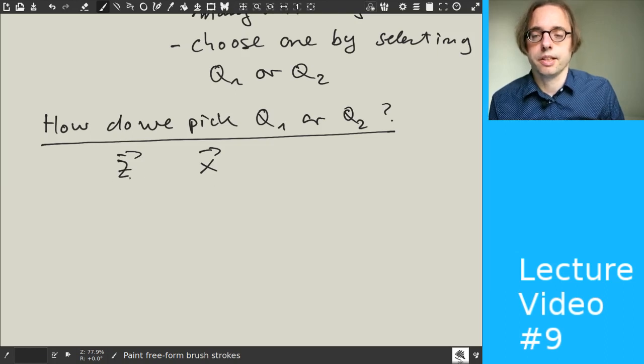So Z is our whitened variable and X is the original variable, and we can now look at the cross covariance.